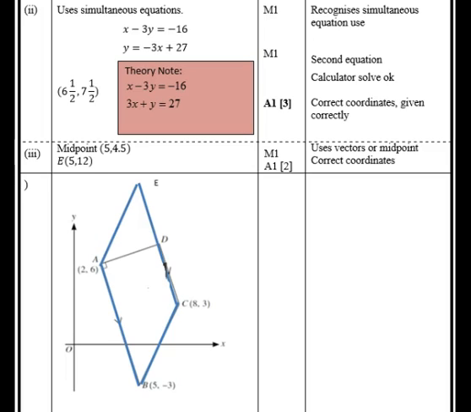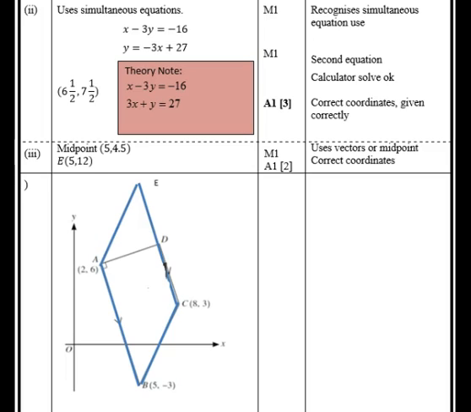The next thing we're looking for is point E. Now for point E, we can do it by vectors if you like. So firstly, we've got this parallelogram, ABCE. Now from point B across to C, it's across 3 squares and up 6.